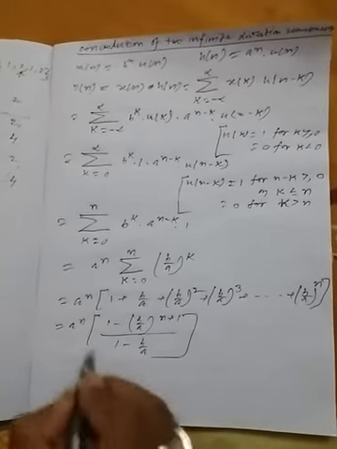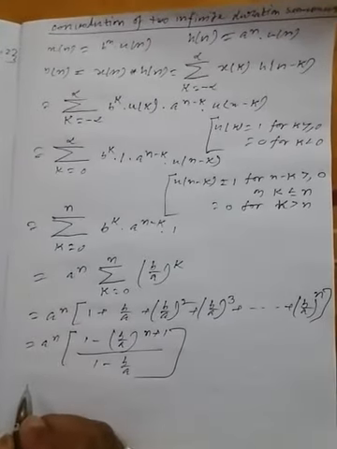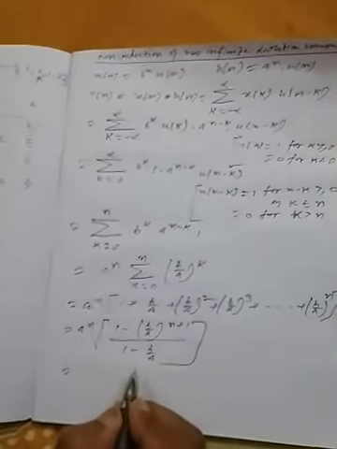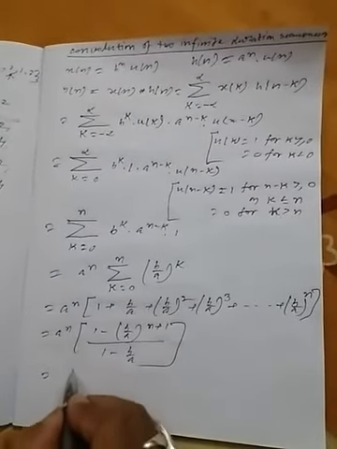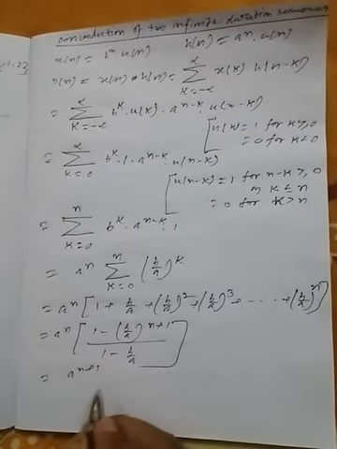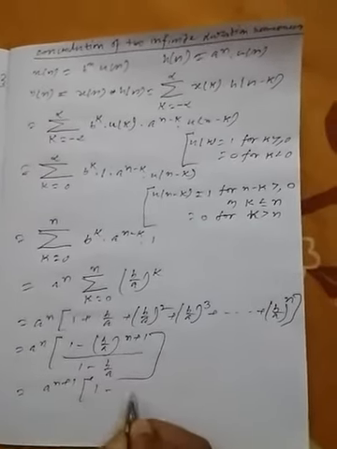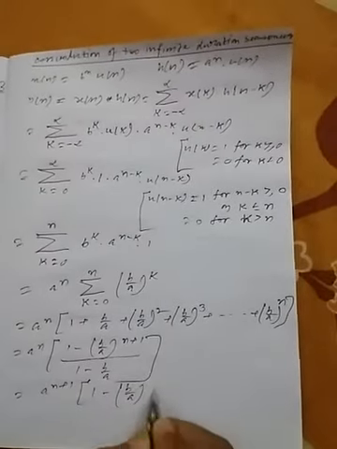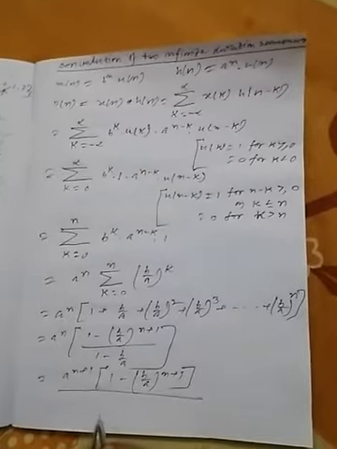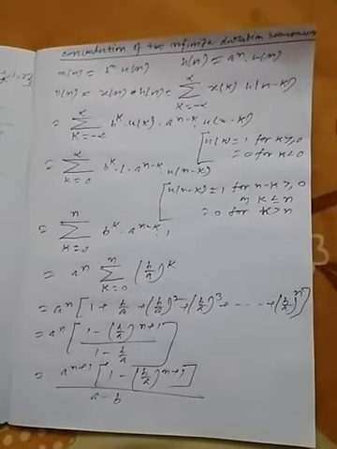So this will be equal to a^(n plus 1) into (1 minus (b by a)^(n plus 1)) divided by (a minus b).